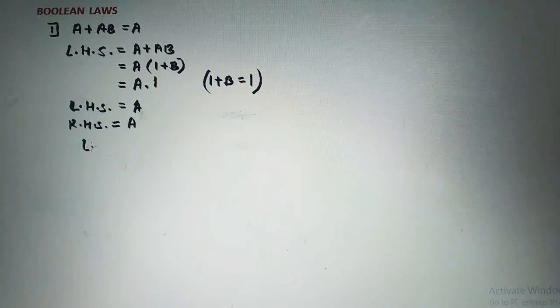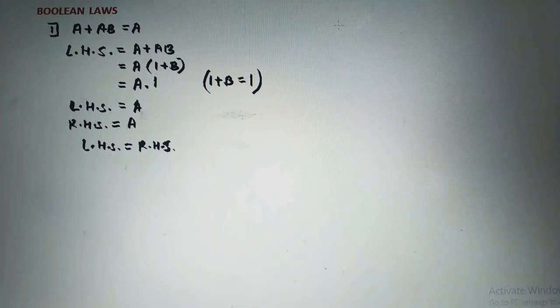So we can write left hand side is equal to right hand side. So this is the proof of the first other important Boolean law, that is a plus ab is equal to a.